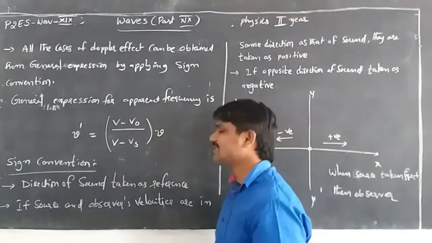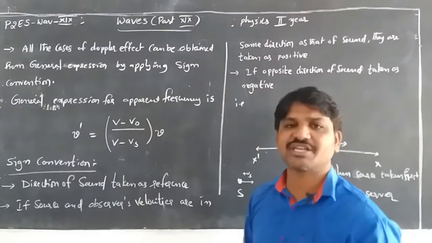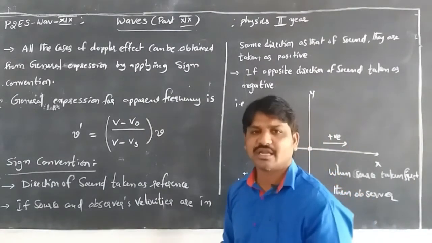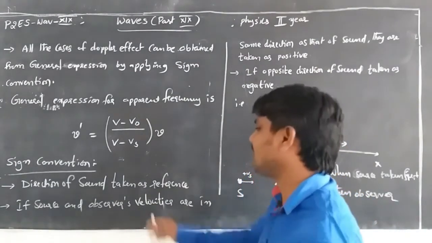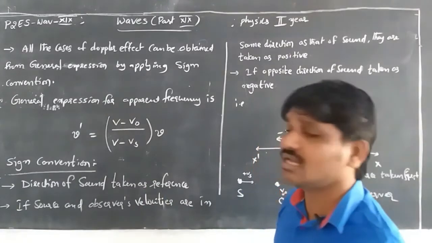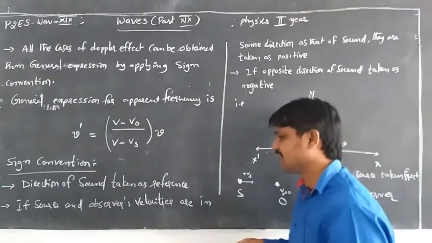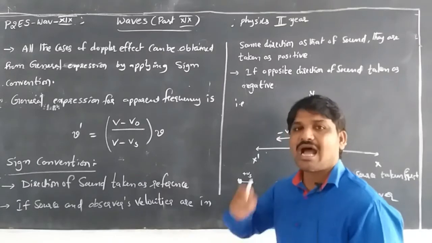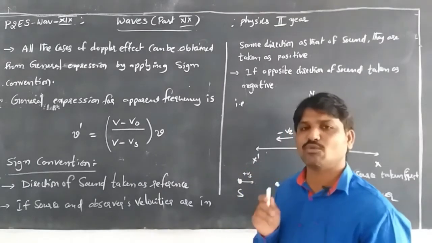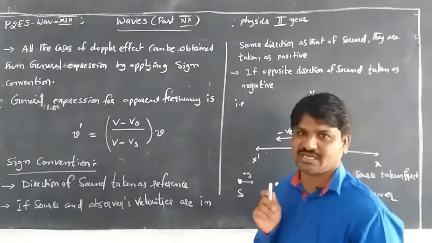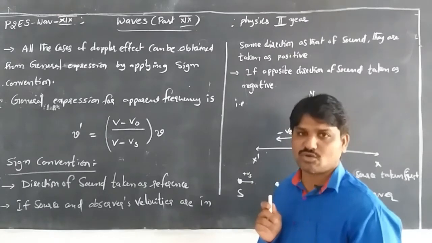So by following the sign convention, when the direction of the sound is taken as the reference, we can find the equation. Take the equation for apparent frequency if the source and observer velocities are both in the same direction as the sound direction.